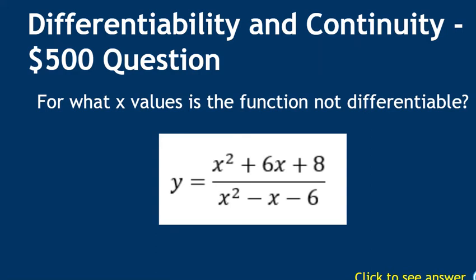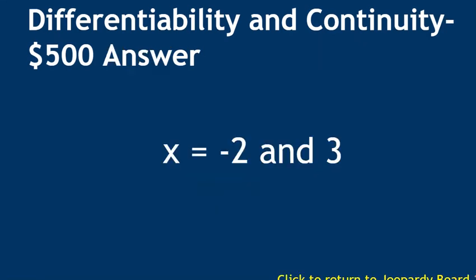Nope. Anybody else? Go ahead. X equals negative 4 and 3. Nope. Why 3? Where does 3 come from? Oh, it's the vertical asymptote.